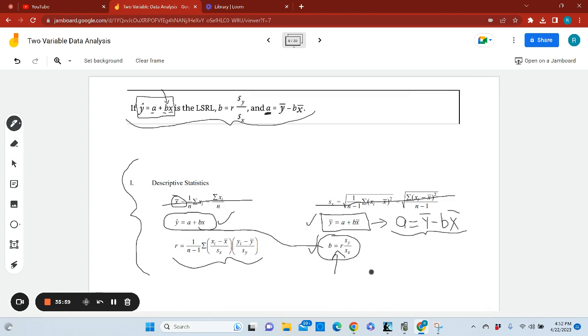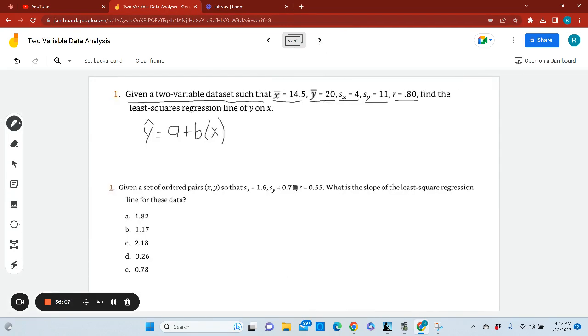If I go back a slide, to find the slope of the regression line, I'm going to take the correlation and multiply it by the standard deviation in the y variable divided by the standard deviation in the x variable. And they give those to us in the question. The standard deviation for the y variable is 11, divided by the standard deviation for the x variable, 4. And they tell us that the correlation is 0.8.